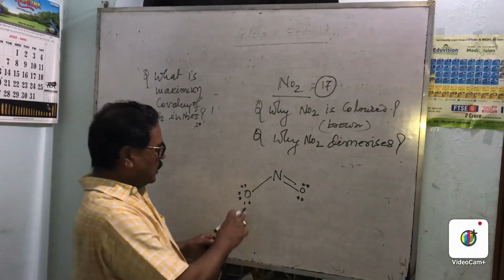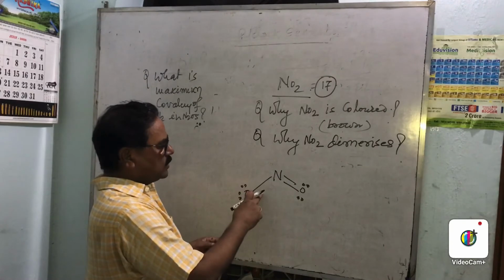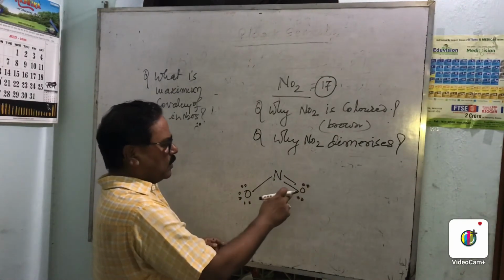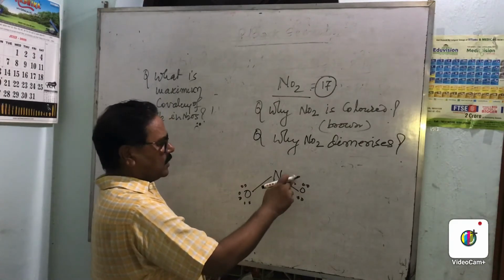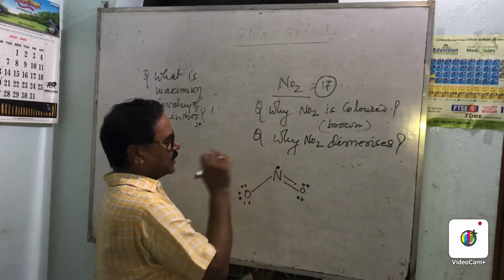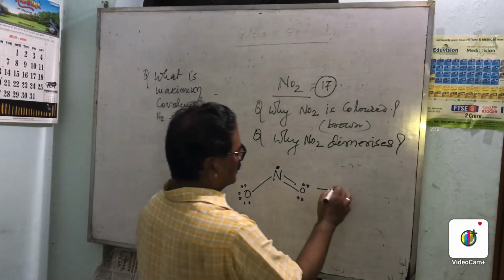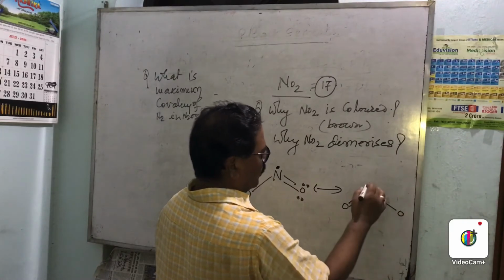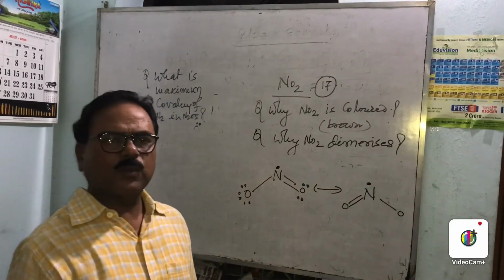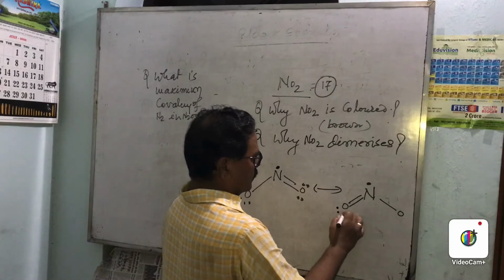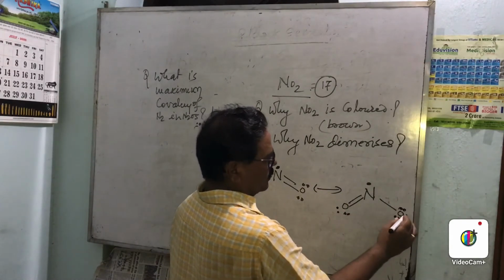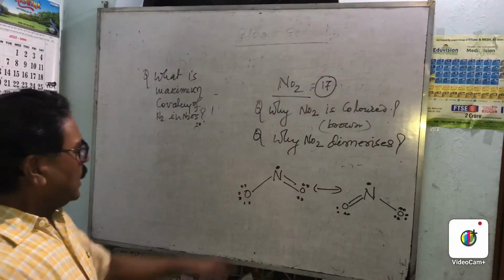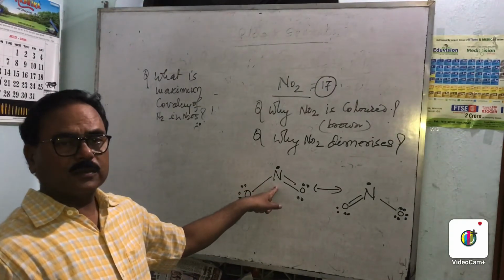So 2, 4, 6, 8, 10, 12, 14, 16, and 1 electron remains here. You write the resonating structure, no problem. Simply writing the resonating structure is no problem. It fully depends upon your practice. This is an exceptional case, so the answer is hidden here.